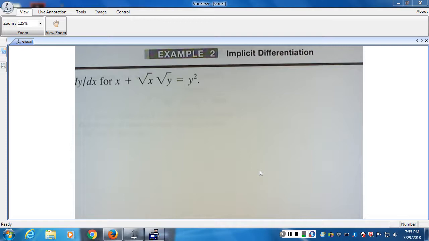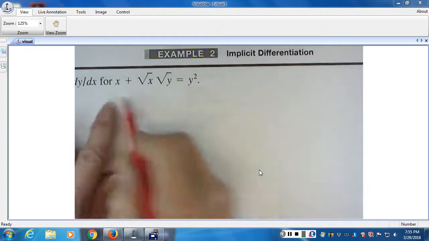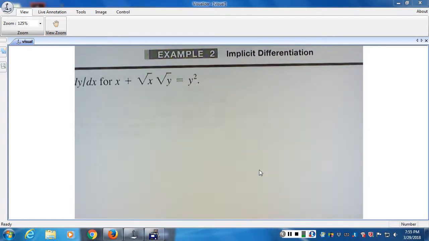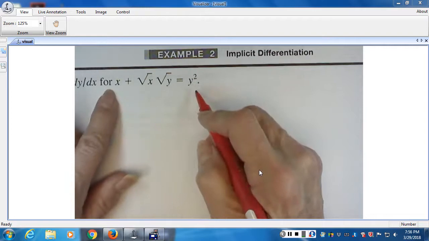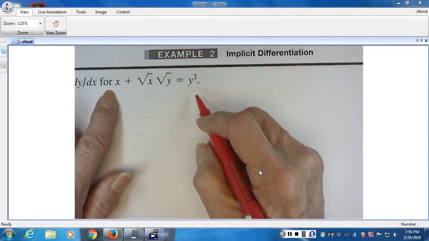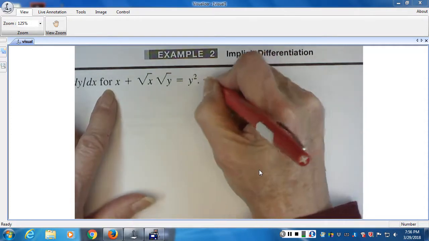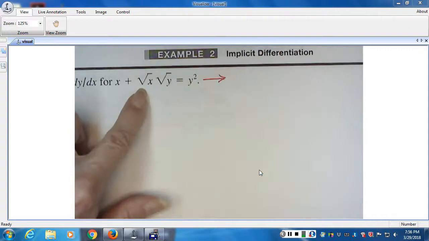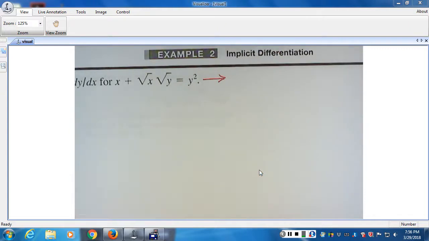Okay. This is an equation. We cannot separate out the y's from the x's because it would be too complicated. However, we can take derivatives of every single term. The first thing I want to do, though, before I try to do that, is I would like not to have radicals, because I don't have a radical rule for taking derivatives.